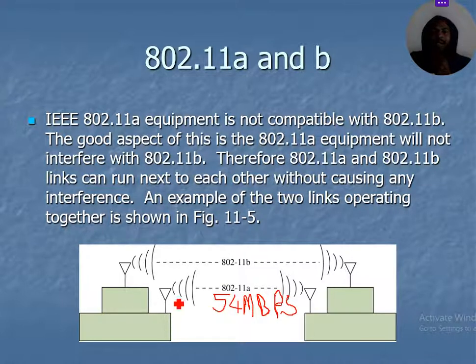Now let's take a look at the coverage area. The distance 802.11a can go is just about 75 feet.